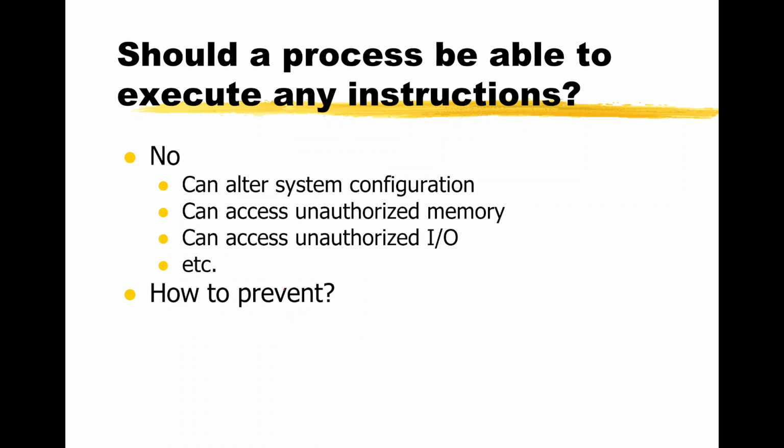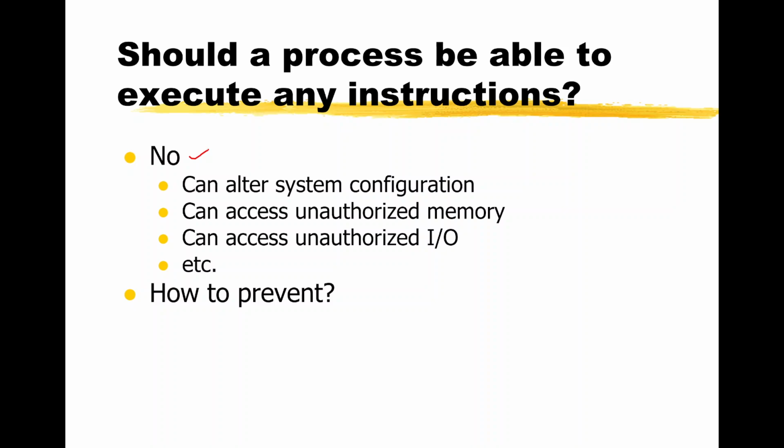Now, the question is, should a process be able to execute any instruction? And the answer is no. For example, if you were to write a program that tells the process to get into my system and shut down my keyboard, of course, that is a dangerous program.